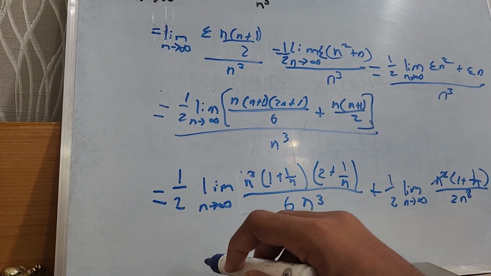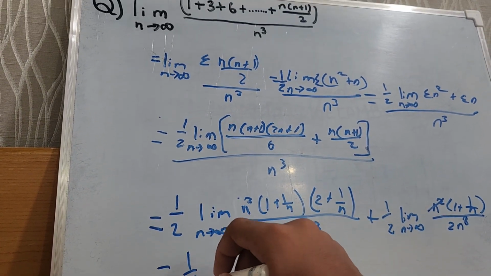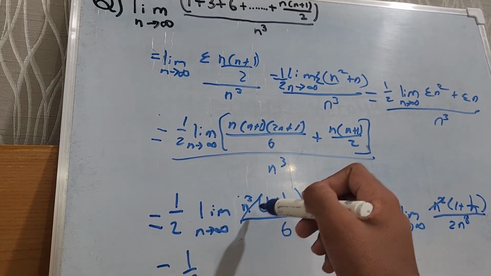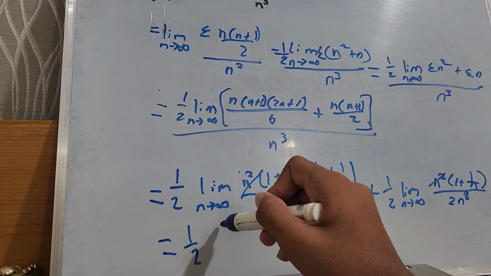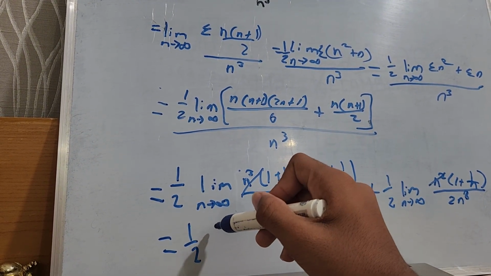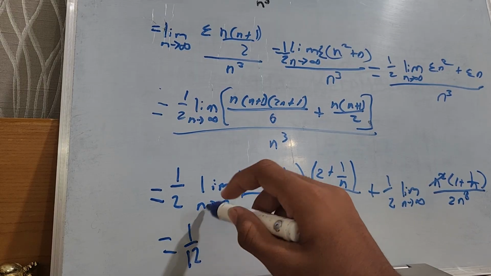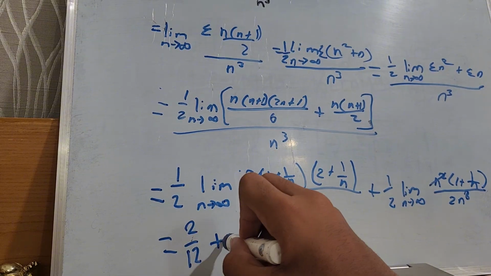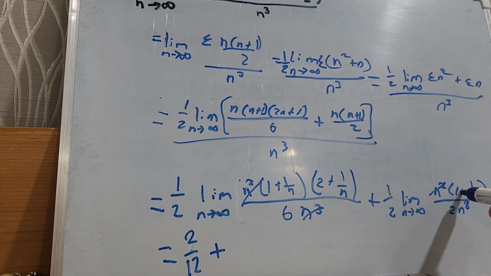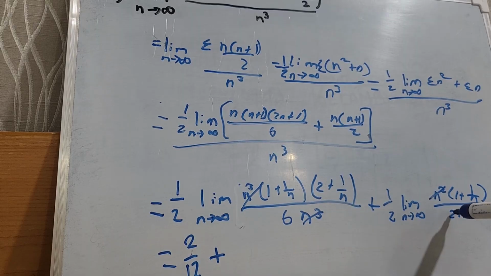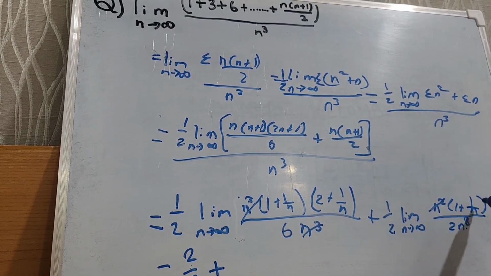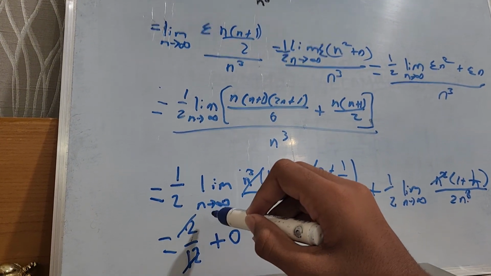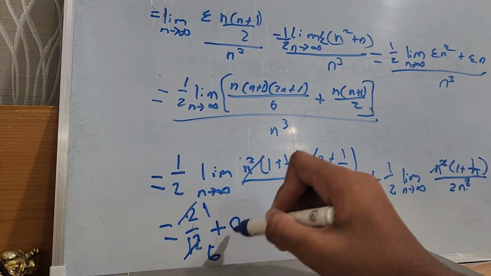So we substitute n value, get 1 by 2 into n cube, where n cube here cancelled. 1 plus 0, 1 into 2, 2 plus 1 by 2 into 1 plus 0 by 2 into 0, right? 1 by n cube. So this is going to get 0, which means 1 by 6.